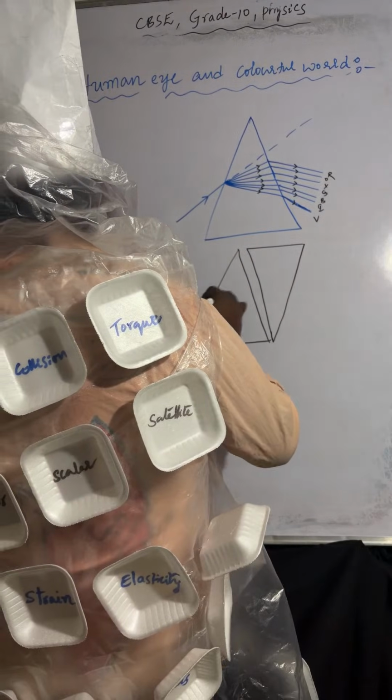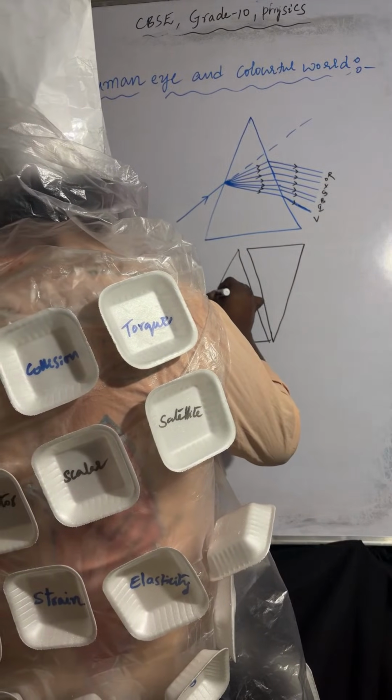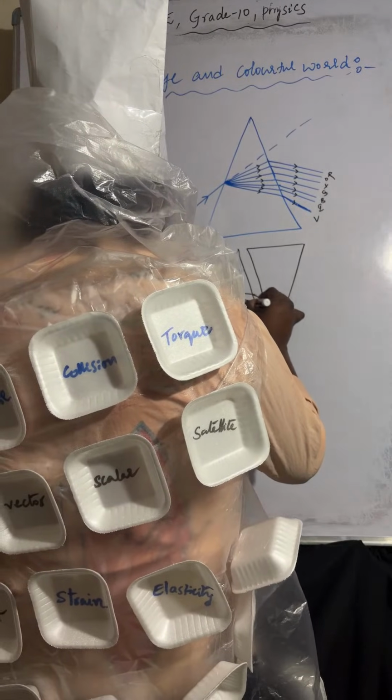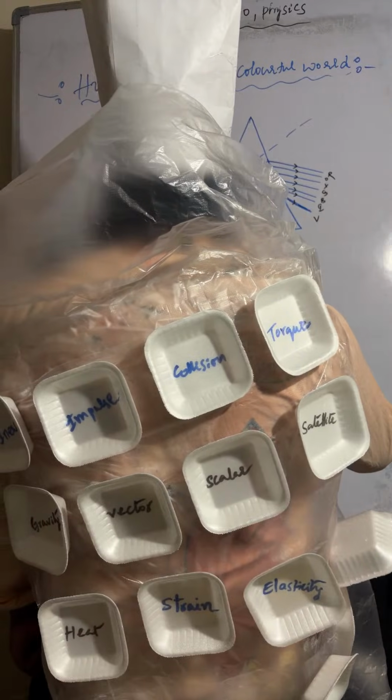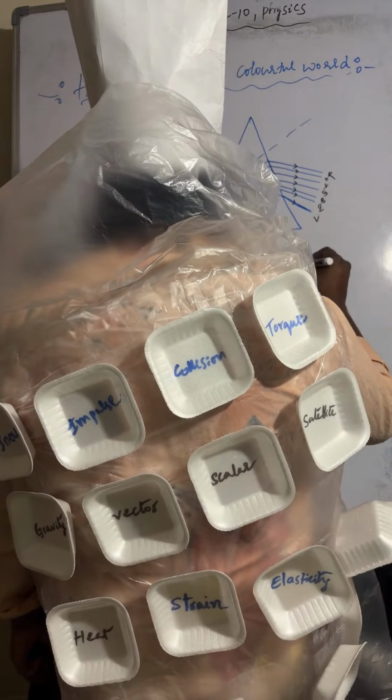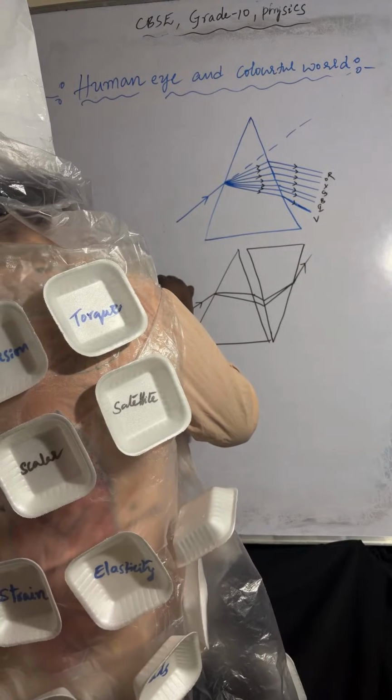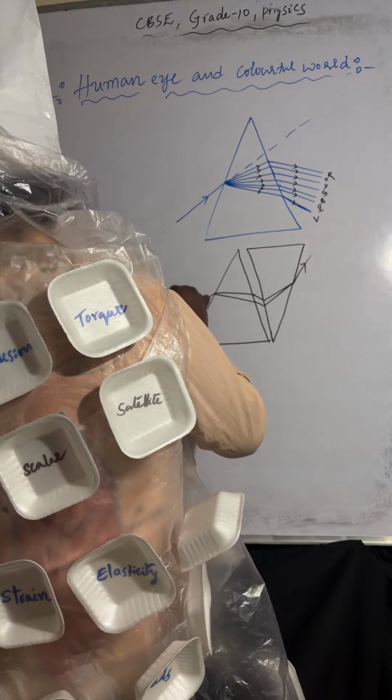Then those colors combined again and come out as a white light ray. So you can see this is the white light source.